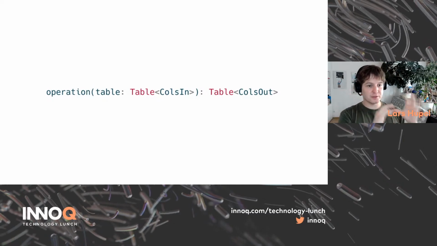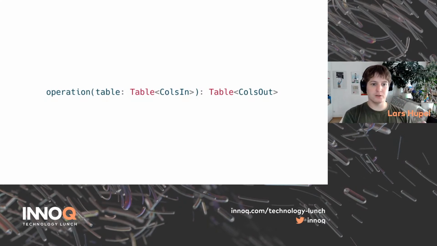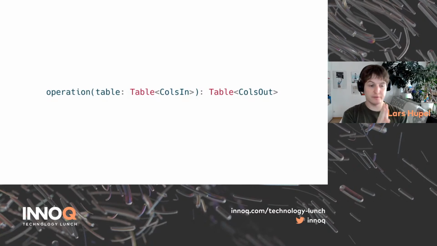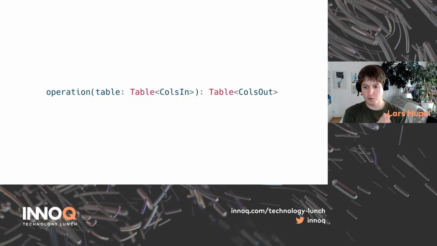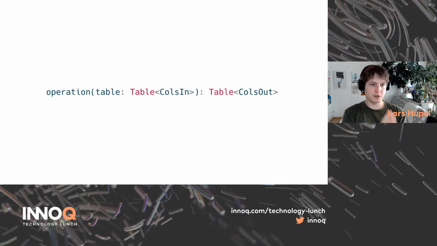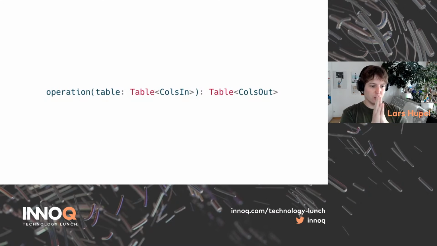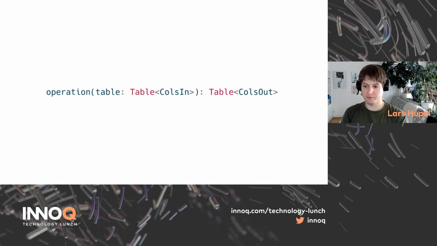The operation takes in a table with some columns and returns tables with some other set of columns. So this type parameter that I've given here is supposed to represent the columns that I can access. So we're here dealing with kind of a column-based approach, where I can always check if a particular table has a particular set of columns.